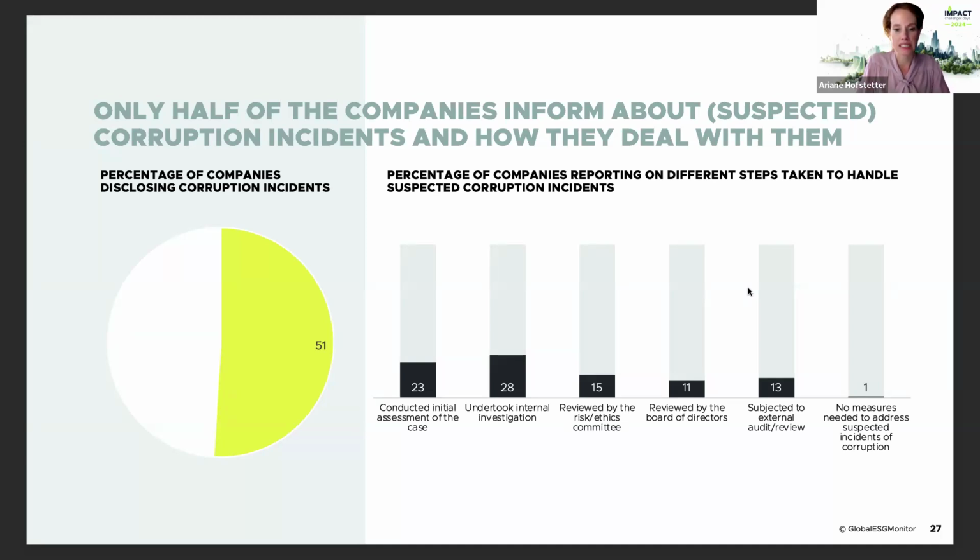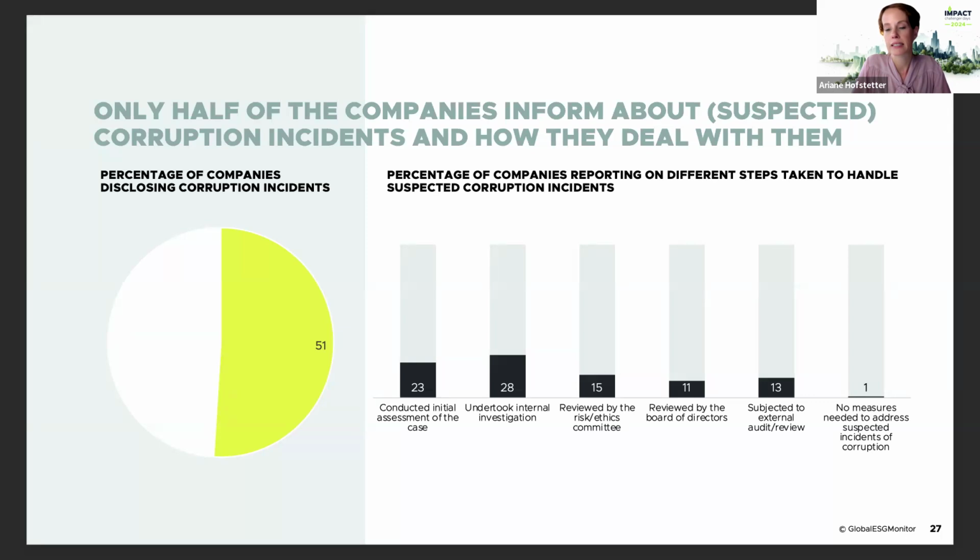And when it comes to the details on how companies react to the incidents, that's what you see on the right side. You see quite smaller numbers, with 23% conducted an initial assessment of the case, 28% undertook an internal investigation, 15% talk about how they reviewed those incidents by a risk or ethics committee. 11% talk about how it was reviewed by the board of directors, and 13% say that it was subject to external audit or review.